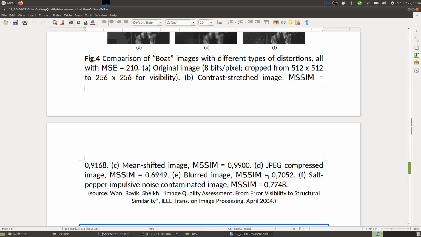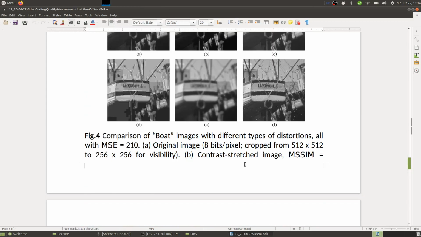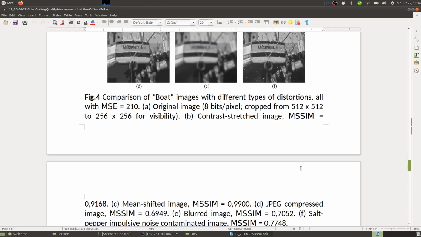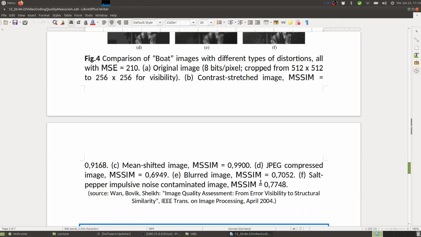Then we have a salt and pepper impulsive noise contaminated image, and this means we just flip the most significant bit of some pixels, and that means some black pixels turn to white and some white pixels turn to black. And this is also annoying, as you can see here in this picture, those salt and pepper. This is easily visible because of the large error for a few pixels. And also MSSIM gives it a low rating of 0.77.